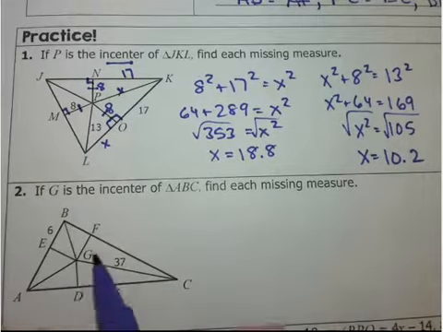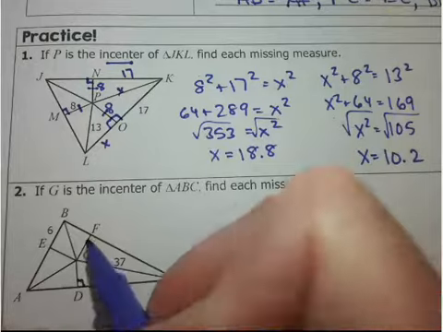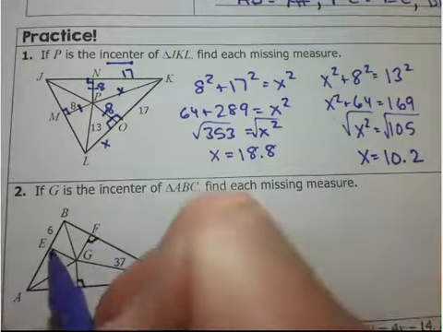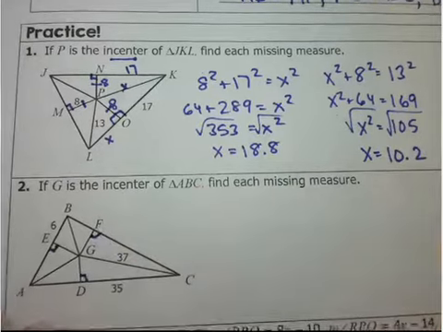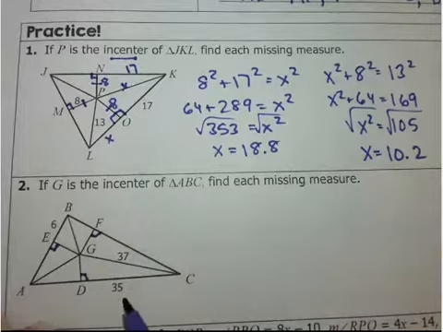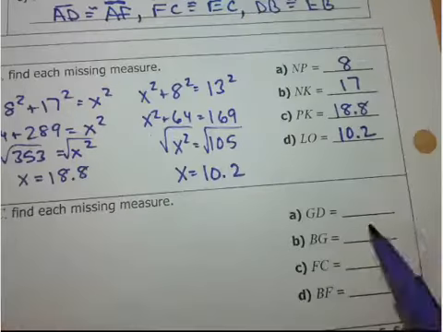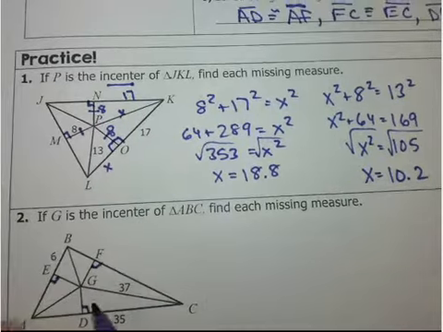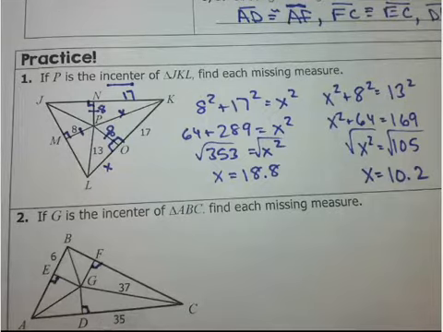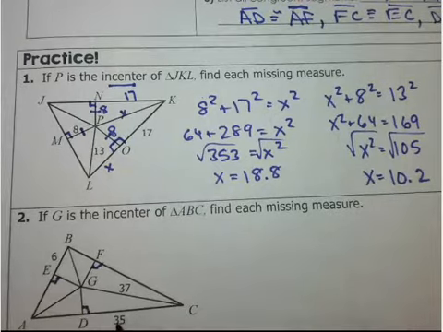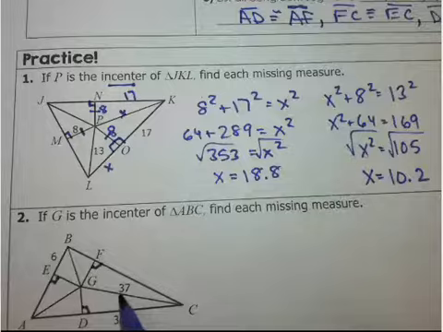Okay, so I've got incenter, so I know that this is going to be a right angle, this is a right angle, and this is a right angle. So those are the right triangles I'm going to be dealing with. We have to find GD. So if we look over here, I know that this is 35 and that's 37.